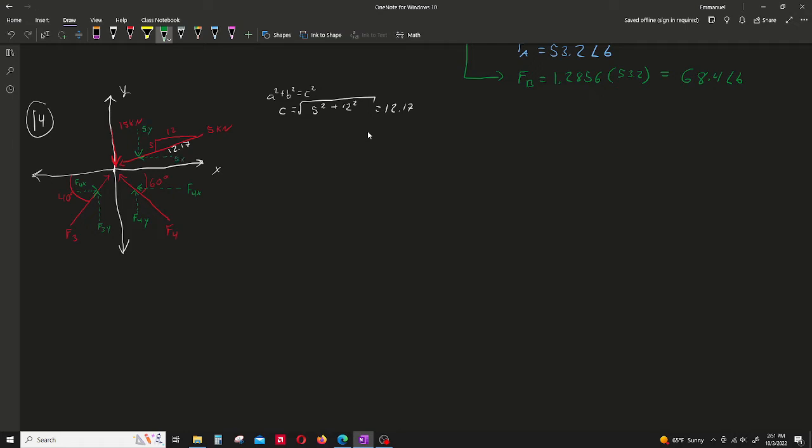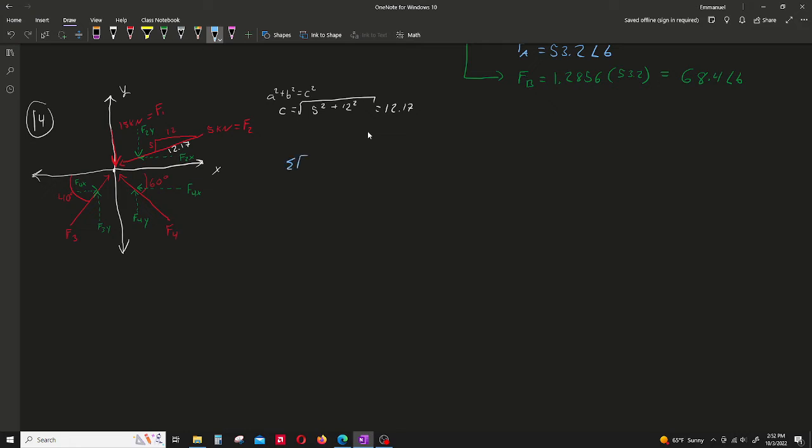I don't really like calling it 5, so I'm just going to call it F2. This is going to be F2, and this is going to be F1. So this is going to be F2Y and F2X. And of course, F1 is only acting in the Y direction, so we're just going to leave that one alone. So now for the fun part, actually solving the problem once we got a couple of housekeeping items out of the way.